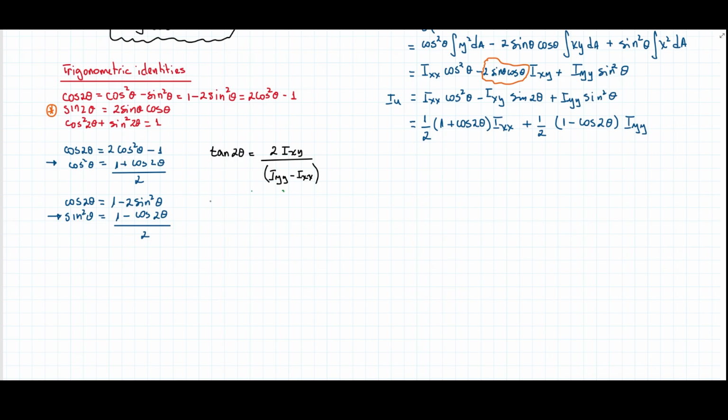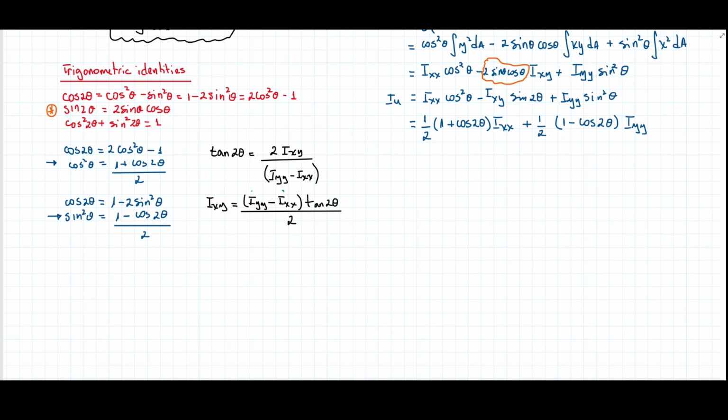So I can say that that one is equal to what? Well, I'll put this one on top and then divided by 2. So it's going to be equal to this one here times the tangent of twice the angle and then divided by 2.